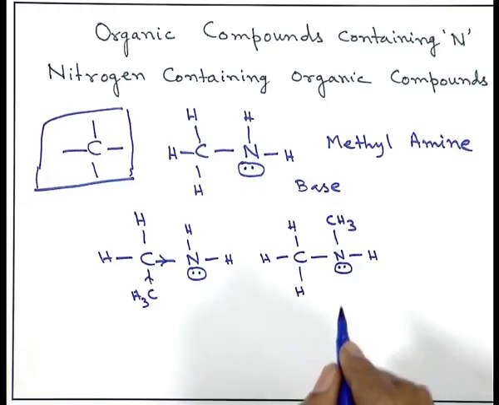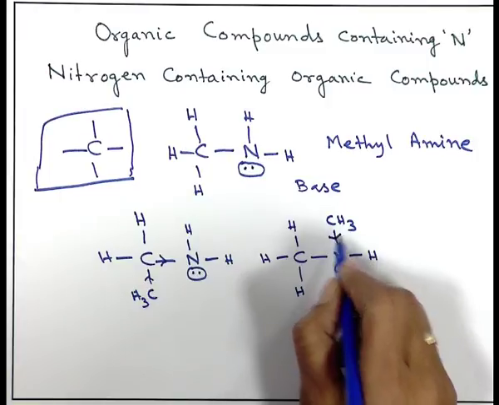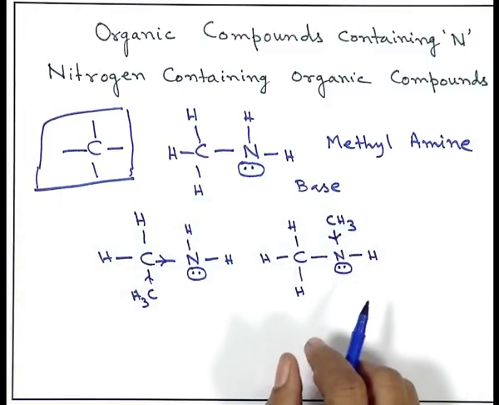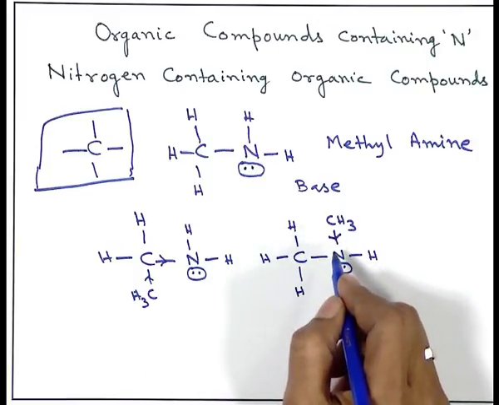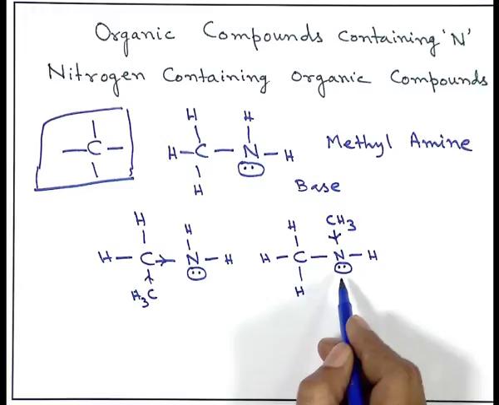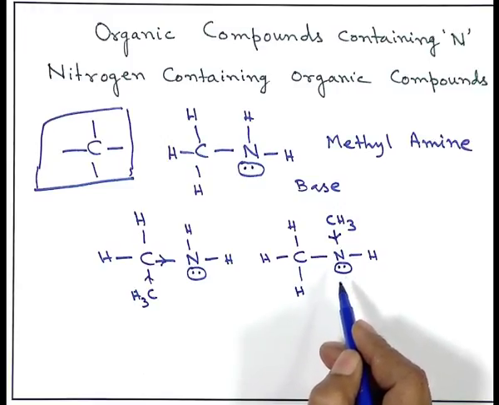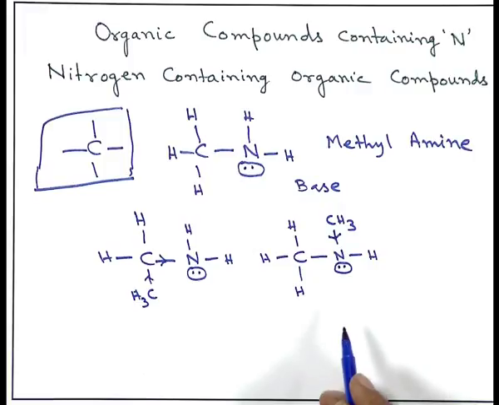If we analyze it a little bit, the way I have done for the previous example, the methyl group is an electron donating group, because 3 hydrogen atoms attached to carbon will push electrons towards carbon. As a result, the methyl group will push the electron to the nitrogen atom. So, what will happen? This nitrogen's electron density will increase, and as per Lewis acid base theory, the capability to donate electrons will be more than the previous one. That means, compared to methylamine, N-methylamine will be more basic.